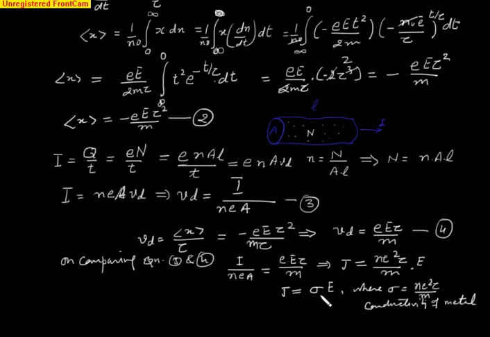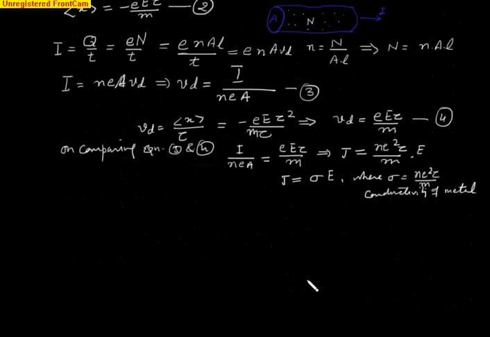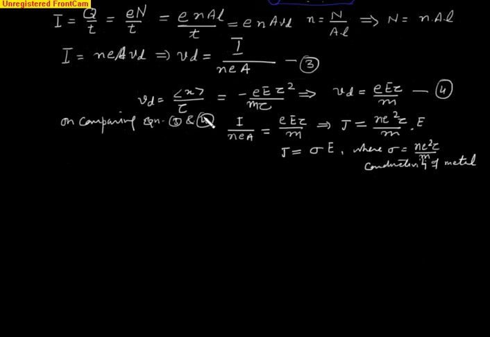And this equation J equal to sigma E is known as Ohm's law, or you can say the microscopic form of Ohm's law.